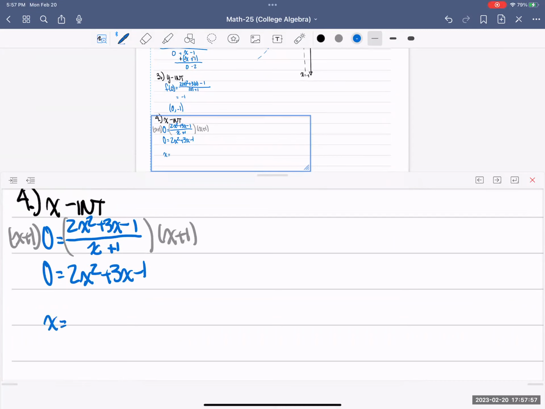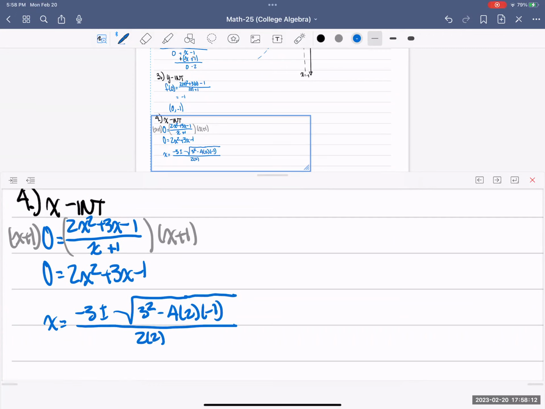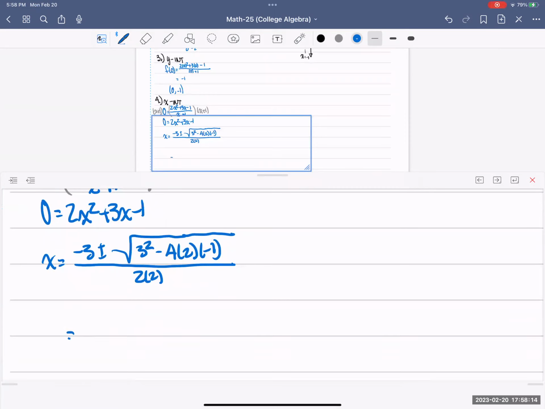x is equal to -3 plus or minus the square root of 3 squared minus 4ac, all over 2a. So -3 plus or minus the square root of 9 plus 8, over 4.